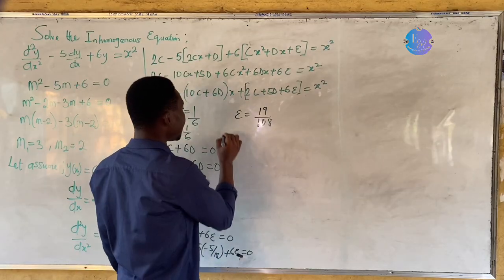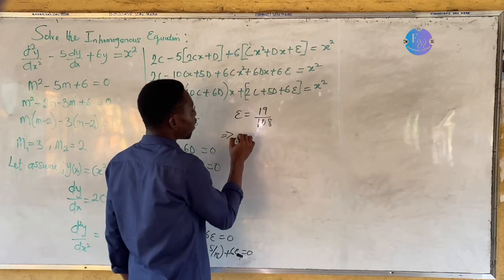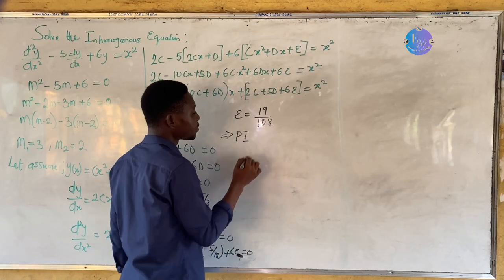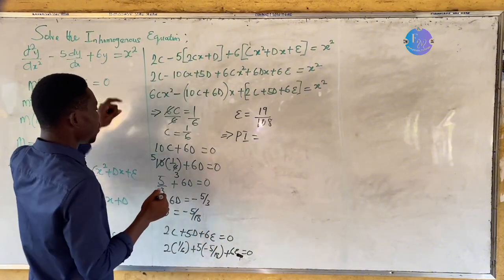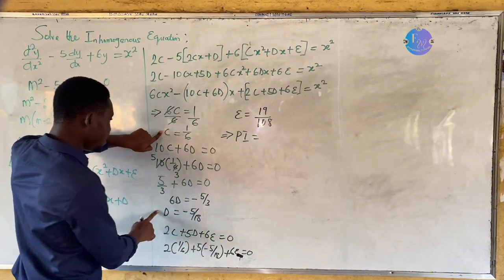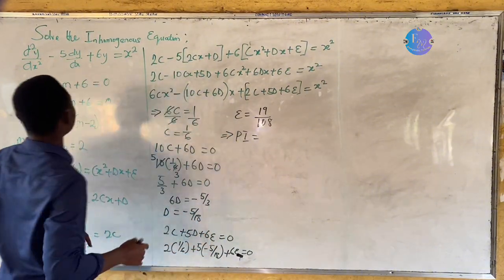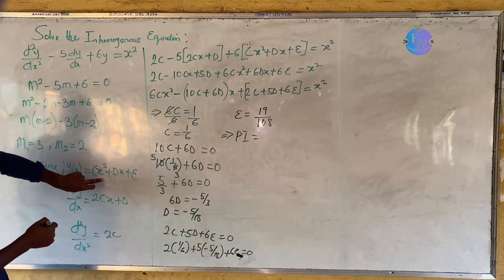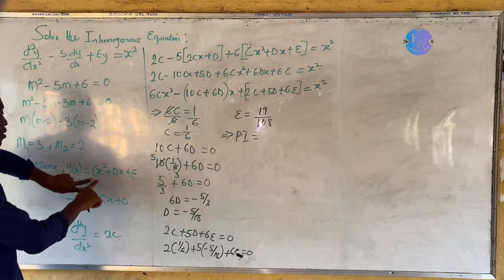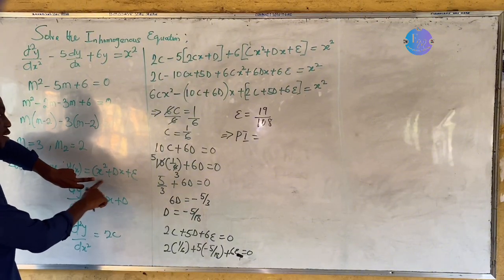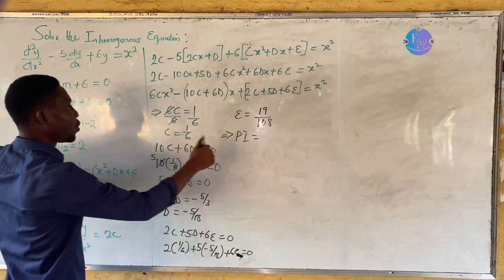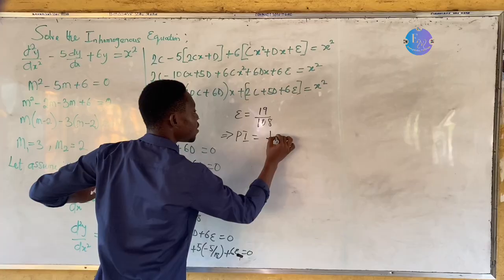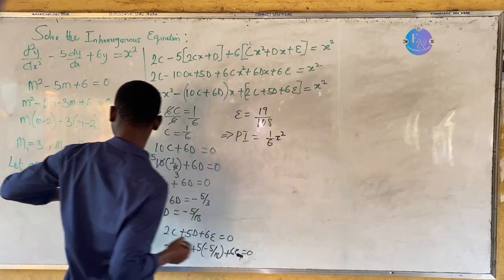So now we can imply that our particular integral is equal to, we have the value of c, d, and e. So we are going to input them into this. So we have cx squared. c is 1 over 6. So we have 1 over 6 x squared.